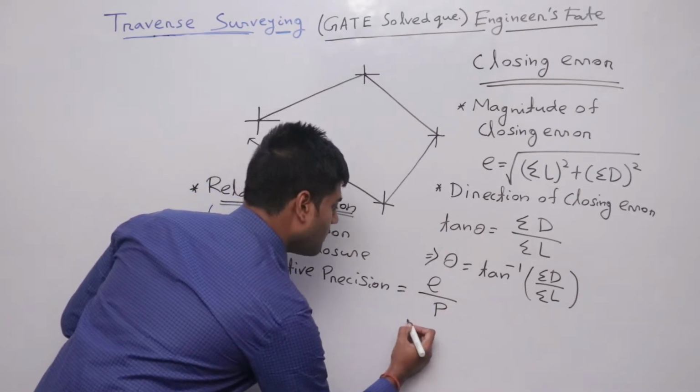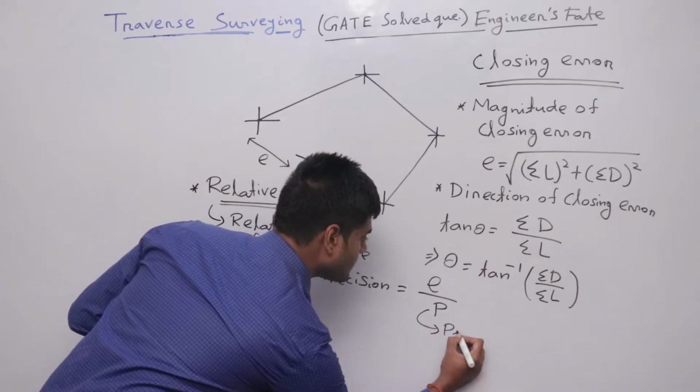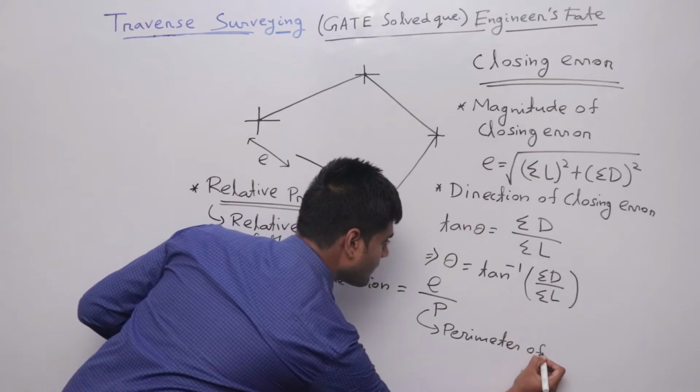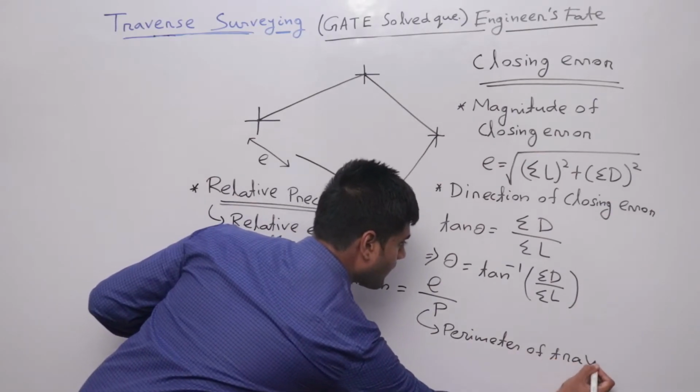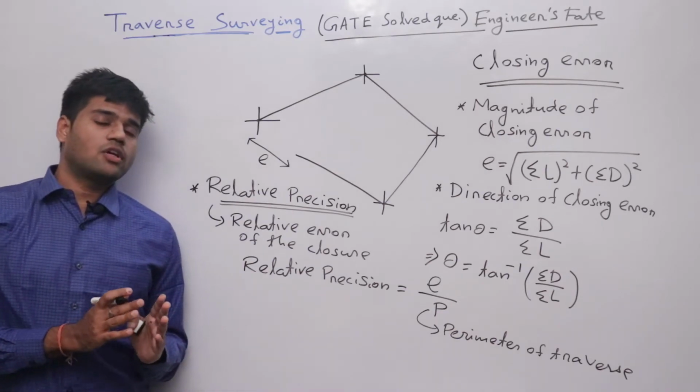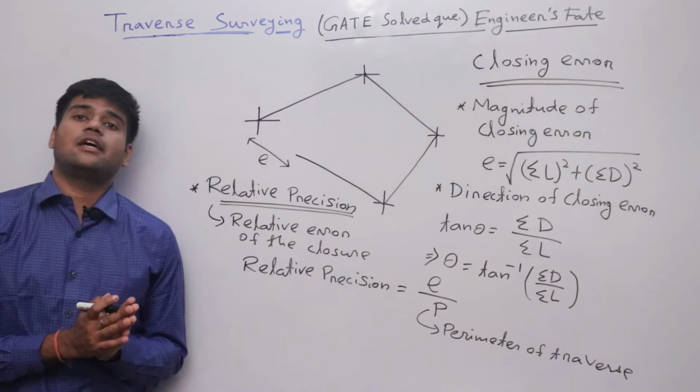P is the perimeter of the traverse. So please note down these three things, then we will proceed.